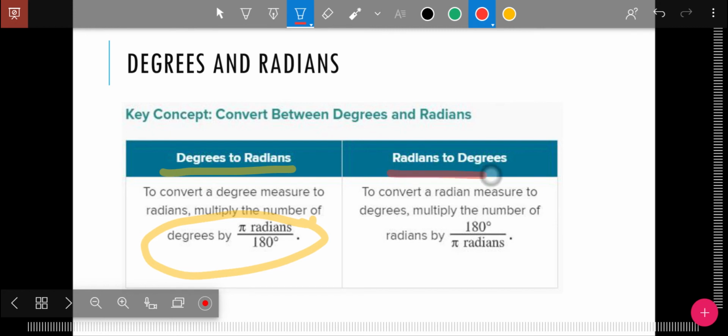And then to convert from radians to degrees, whatever they gave me in radians, I just times by 180 over pi. You're afraid you're going to mix them up? If it has a pi in it, then you want pi on bottom so that the pi's cancel out. And so put those two formulas down in your notes. Again, changing to radians means times by pi over 180. Changing to degrees means times by 180 over pi.